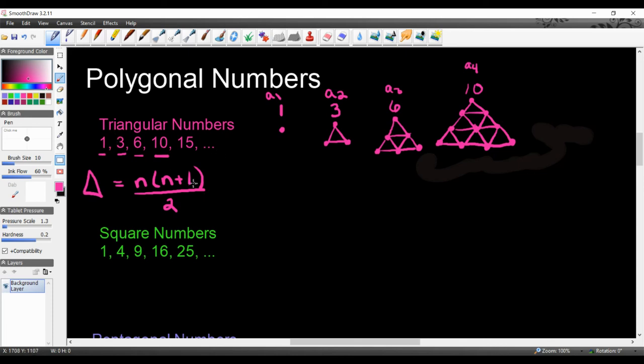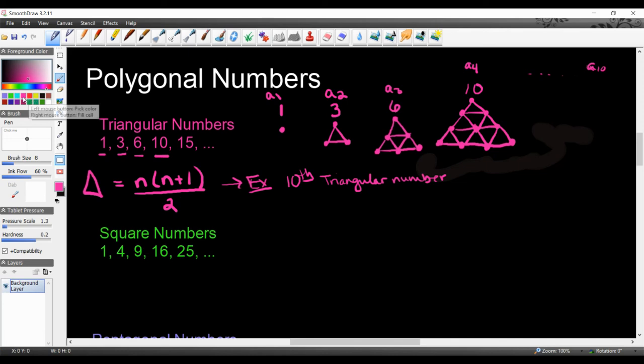Okay, so for example, if I were to ask you for the 10th triangular number, instead of having to construct this, for a sub 10, because that's going to be a lot of toothpicks, you can just plug it into the formula.